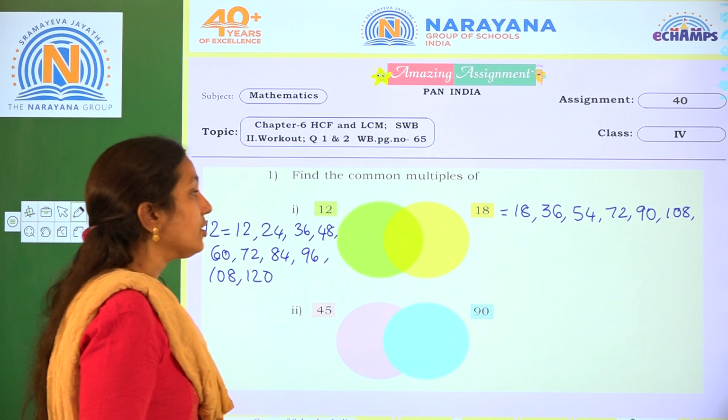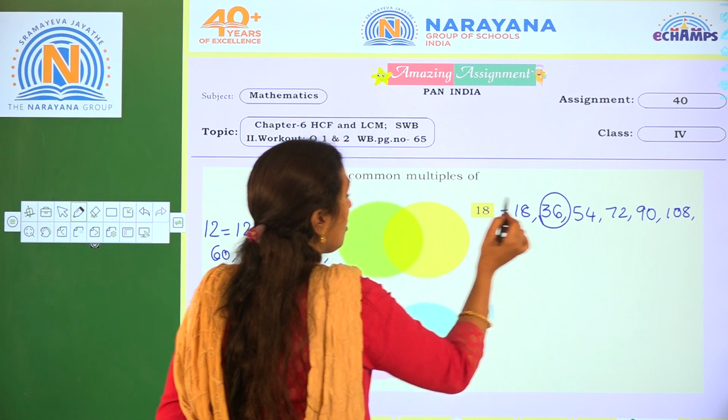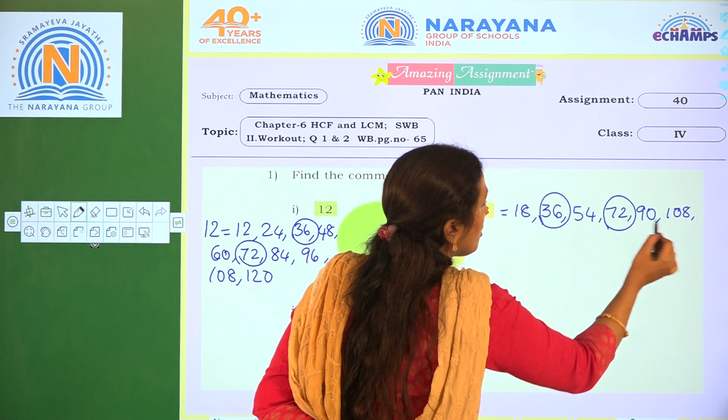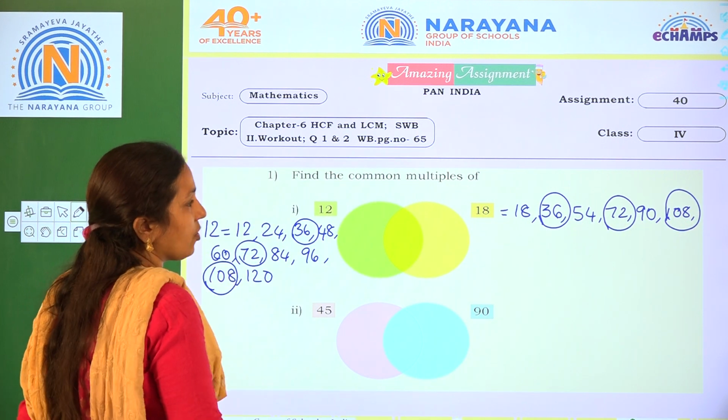Just which are common here? 36 is the common, and even 72 is the common, and 108 is the common.